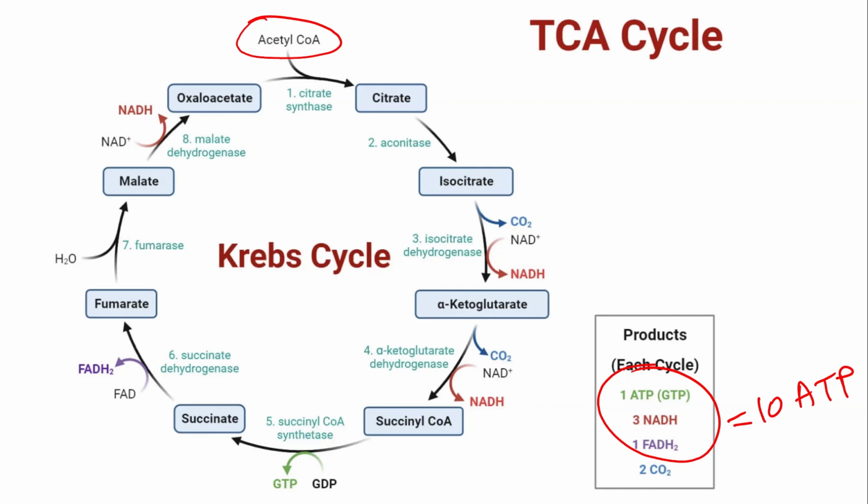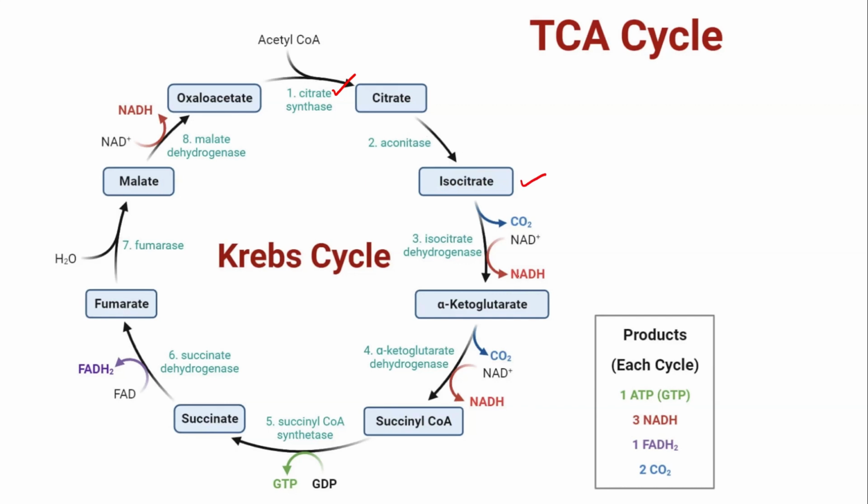Okay, so with that understanding, let's look at these names here, how acetyl-CoA undergoes oxidation into carbon dioxide. Before I focus on high yield enzymes, let me explain overall, and then we will go into individual enzymes. Citrate synthase combines acetyl-CoA with oxaloacetate to make citrate. Then citrate is converted to isocitrate by aconitase.